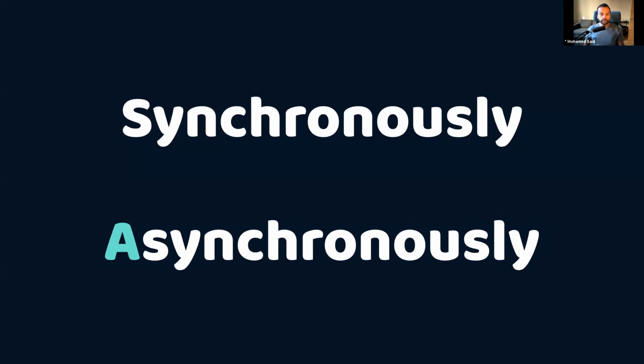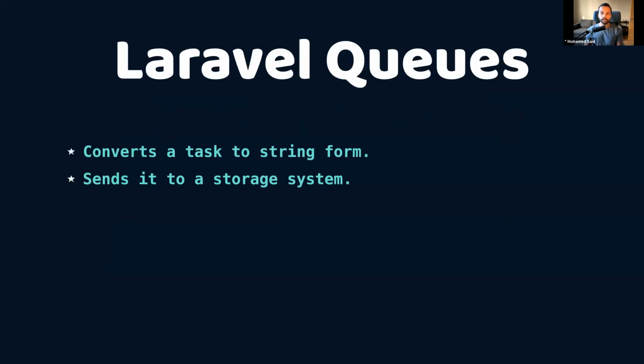So what helps us achieve the asynchronous execution of work in Laravel is the Laravel queue system. And I am going to give you a simple explanation of how it works. First, when you dispatch a job to the queue, like a deploy site job in our example, Laravel is going to take this job instance, convert it to a string form, and then send this string form to a storage system. A storage system could be a database, a Redis instance, or a third-party service like Amazon SQS.